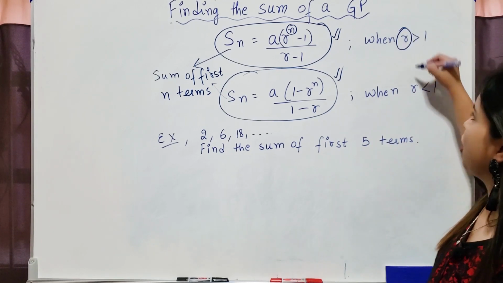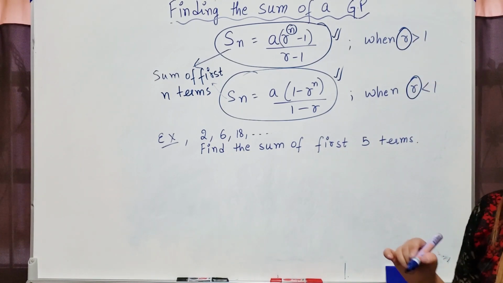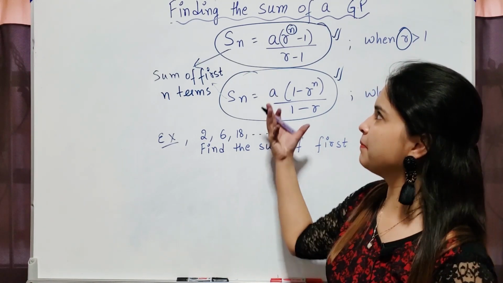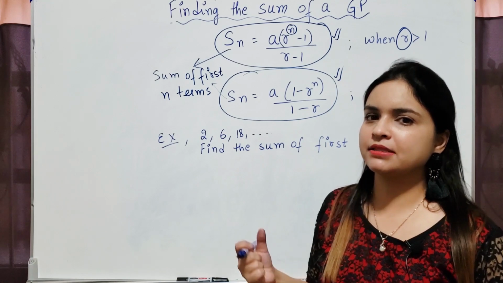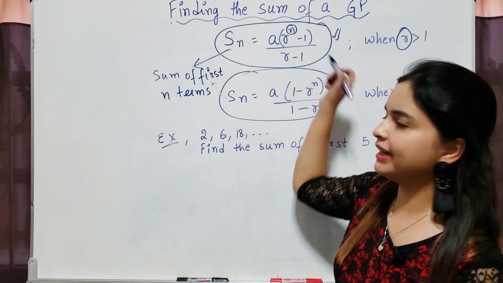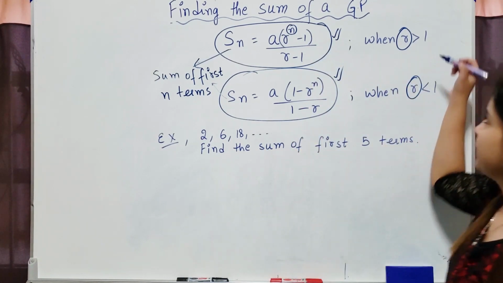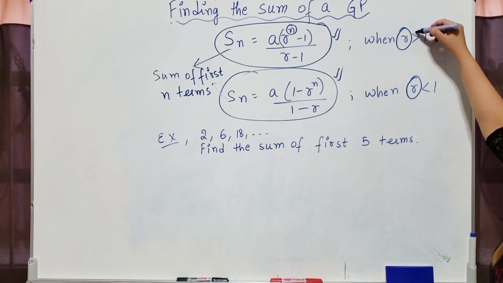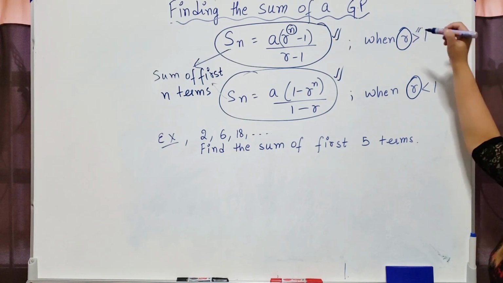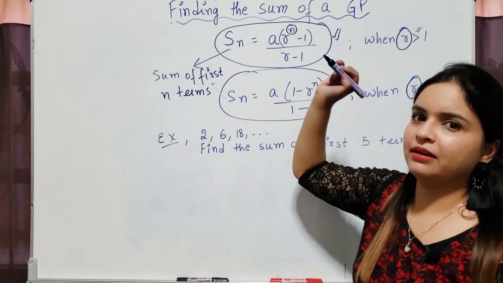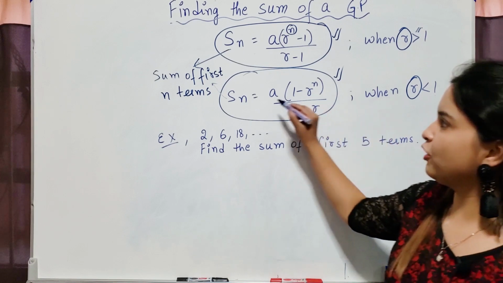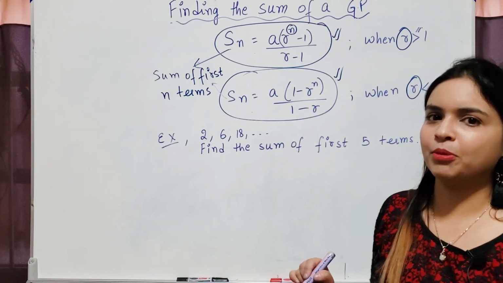Everything depends on the value of R. So, if in the question you have to find the sum of first n terms, first step is to calculate R, and if the value of R is greater than 1, then you will use the first formula. But if R is less than 1, then you have to use the second formula.